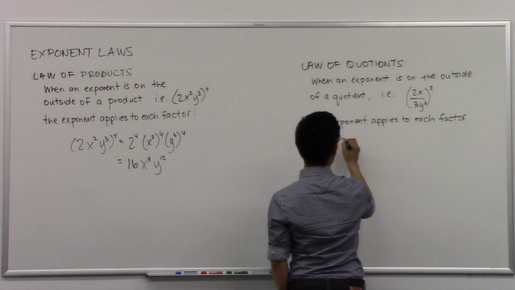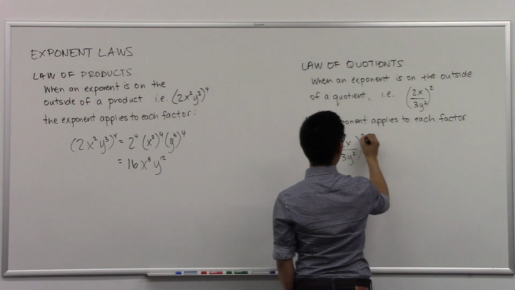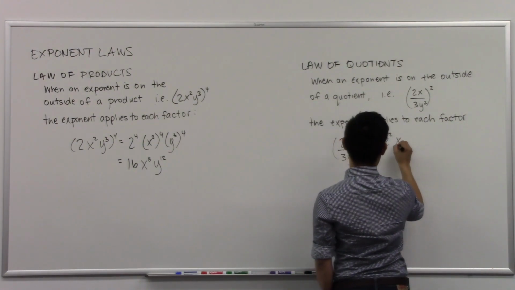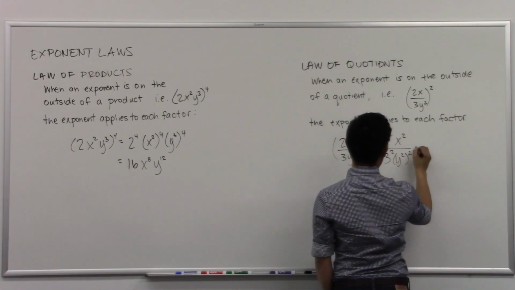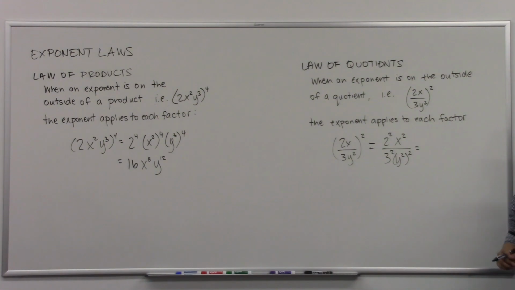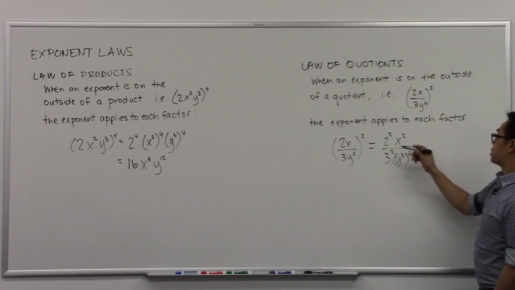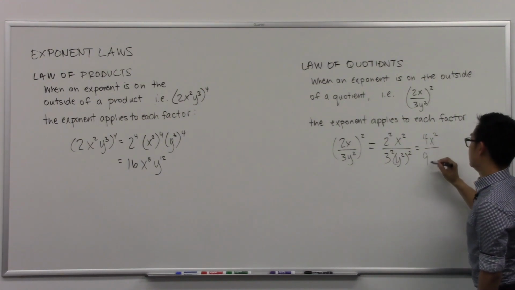So it goes 2x over 3y squared to the 2 equals 2 squared, x squared, over 3 squared, y squared squared. It applies to each guy, so you get 4 x squared over 9 y to the 4.